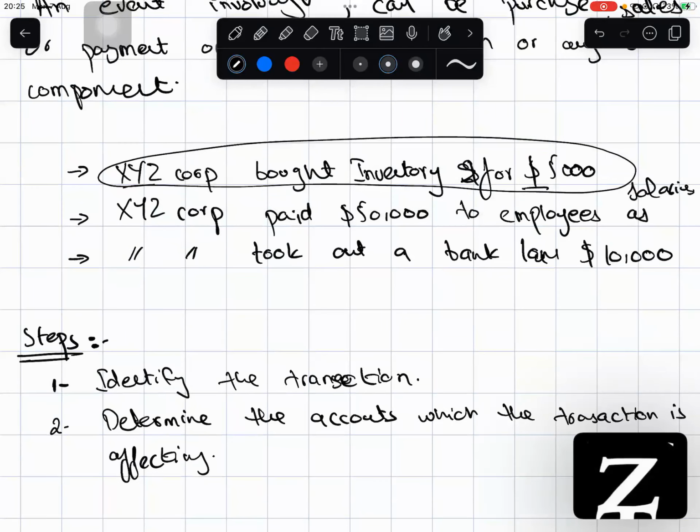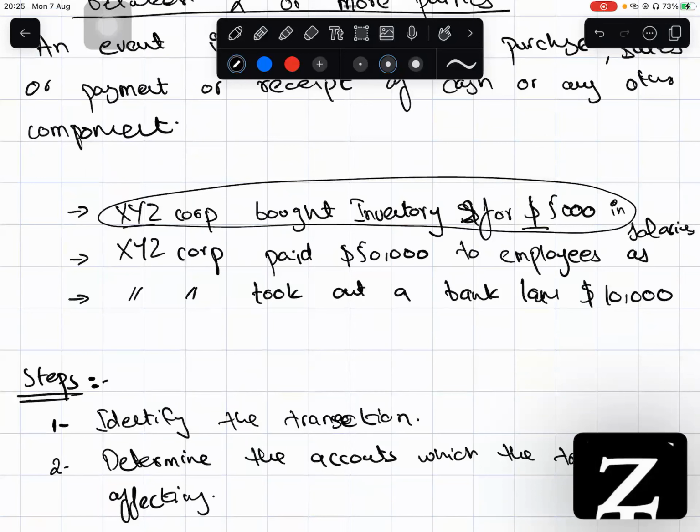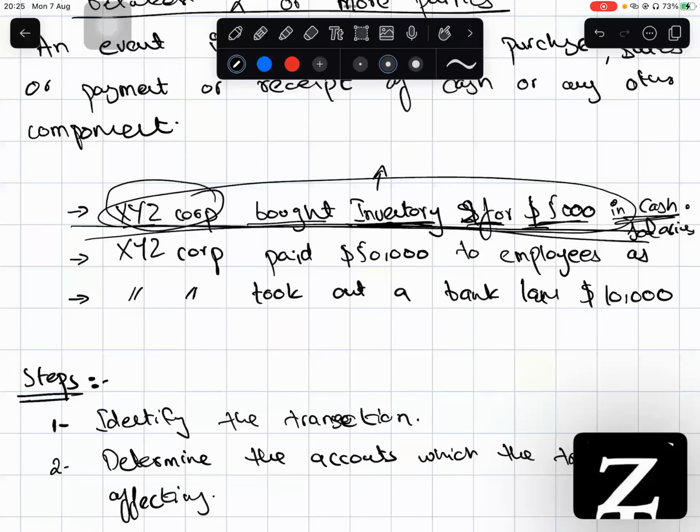For example, if we look at this first example, we understand that this company is buying inventory for $5,000 in cash. Now, by accounts, every single thing in accounting is based around accounts. When I'm writing inventory, the inventory has an account called inventory account. When I'm writing cash, cash has an account called cash account.